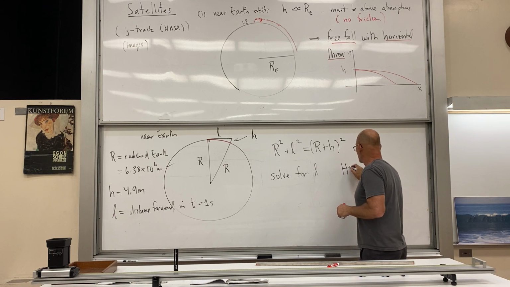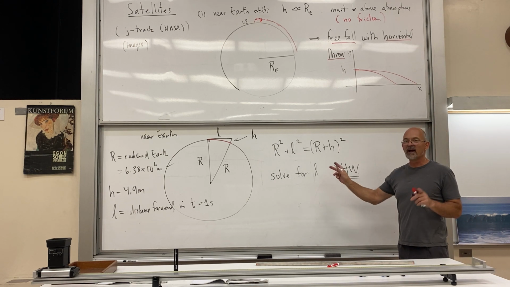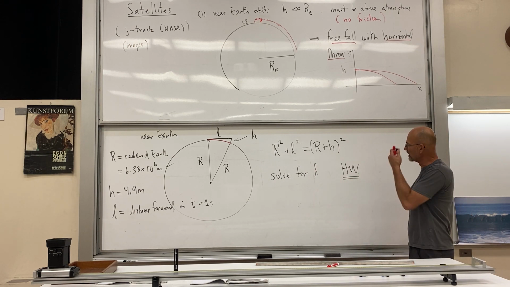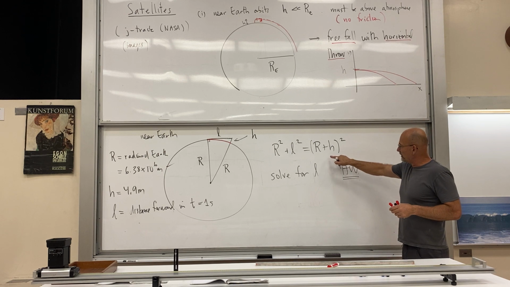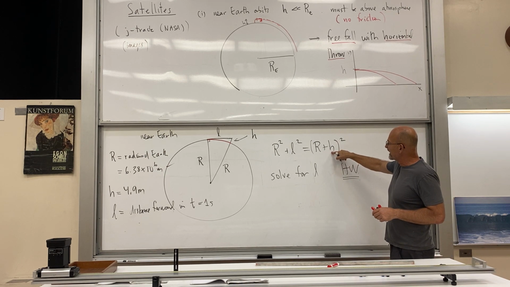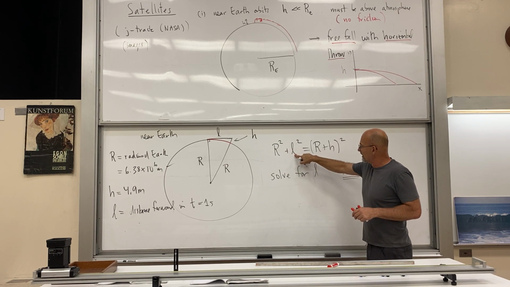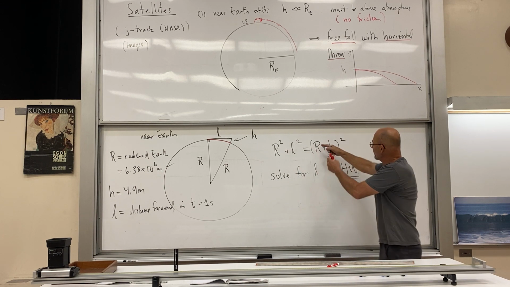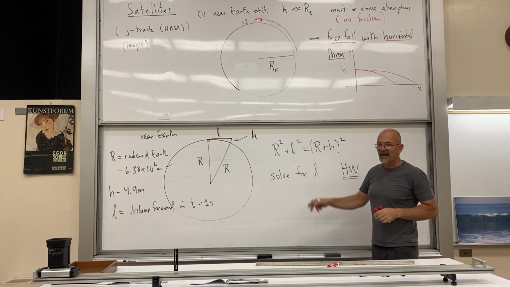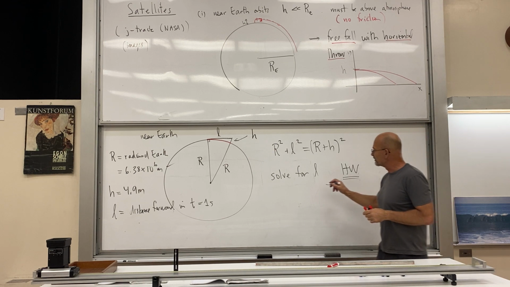So this is the homework. You do the homework, you give it a try, because I'm definitely going to do this for you guys as well, okay? What makes this easy is that h is very small, but you can use a calculator and figure out what L is. It's coming here as the L squared. When you expand this out, the r squareds cancel, it simplifies, and then you can use some numbers. Homework, solve for L.